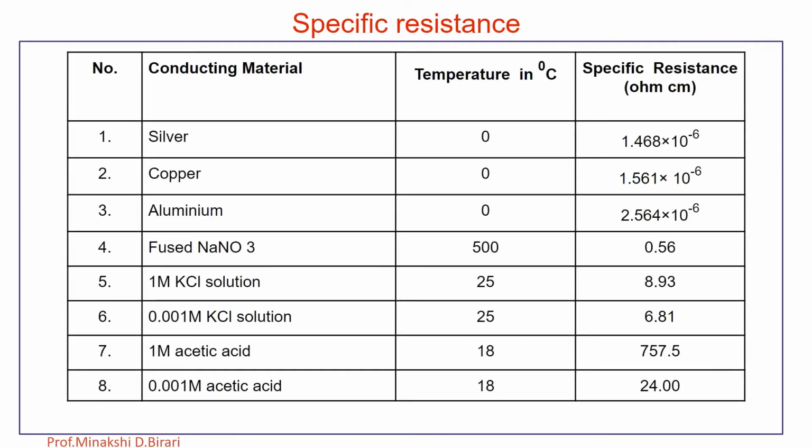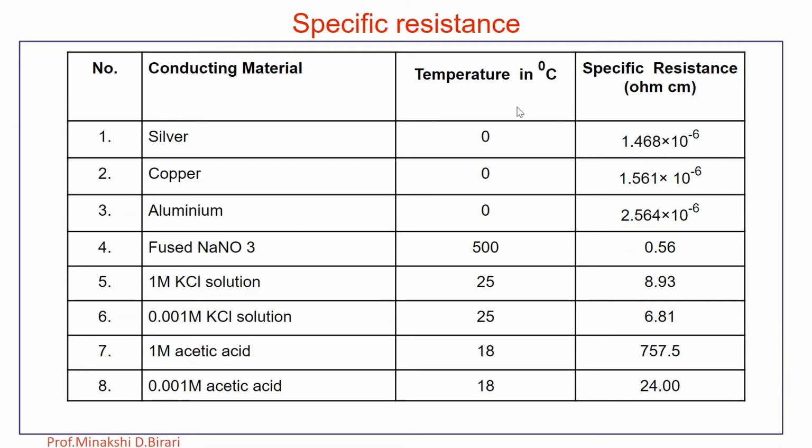Then specific resistance, when we observe for different conducting materials, there is a table in which the conducting materials are given with their specific resistance. So in this table, the specific resistance of some conductors are given.